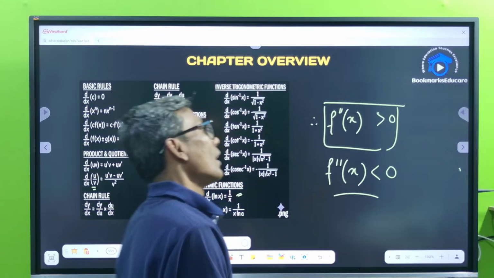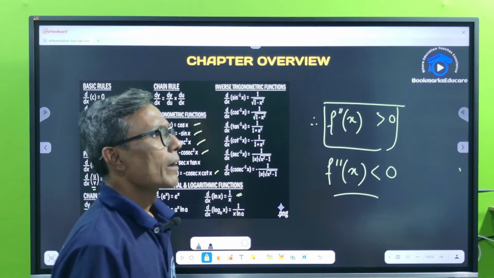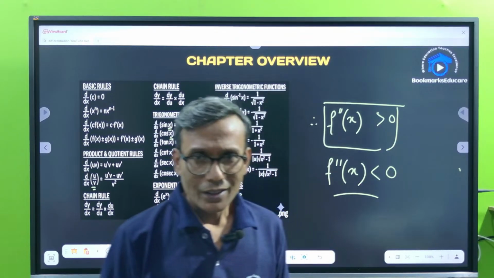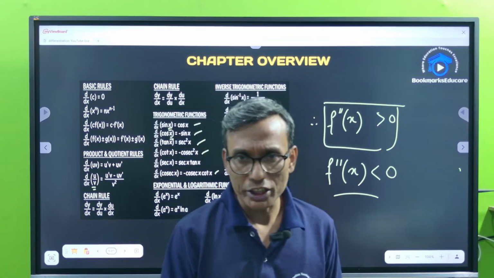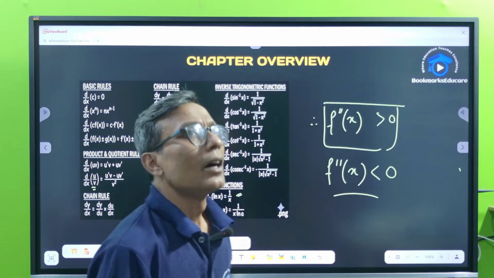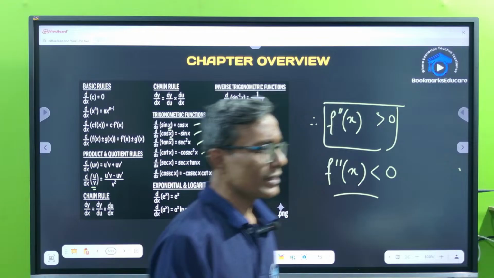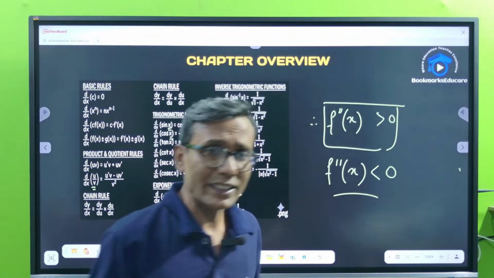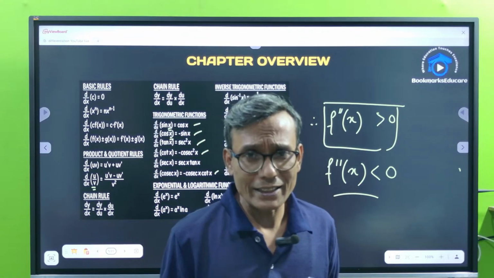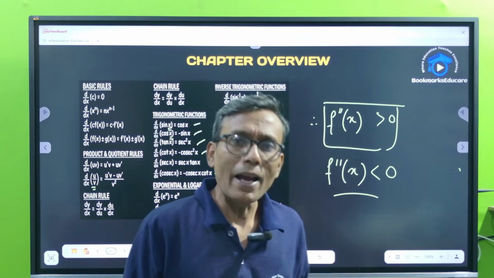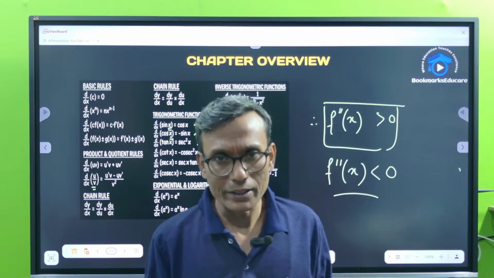In physics, it is used to find acceleration and retardation. So this is all about second order derivative. This is only a little bit of idea on first order derivative and second order derivative.